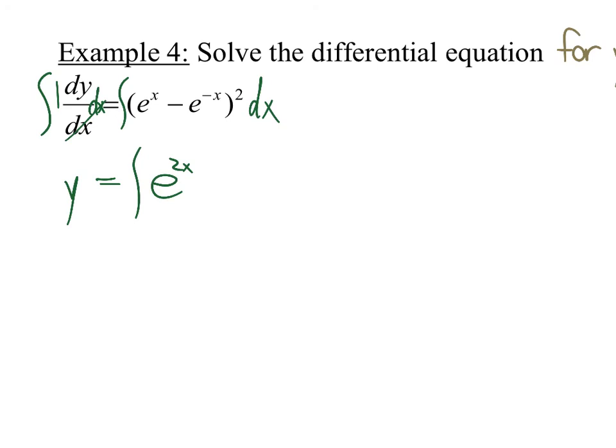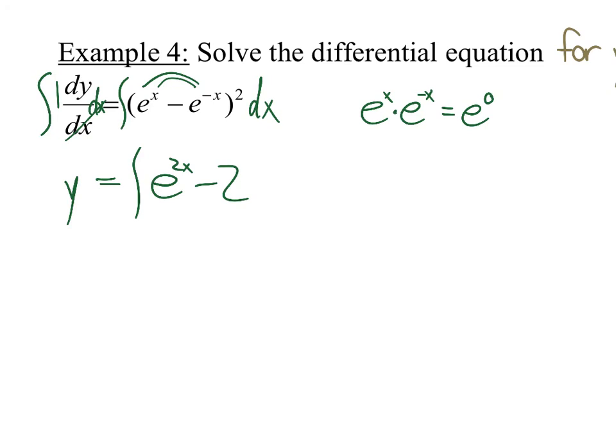Negative 1. E to the x times e to the negative x is e to the 0. So that's going to be a minus 1 on the outers and another minus 1 on the inners, so that's minus 2.